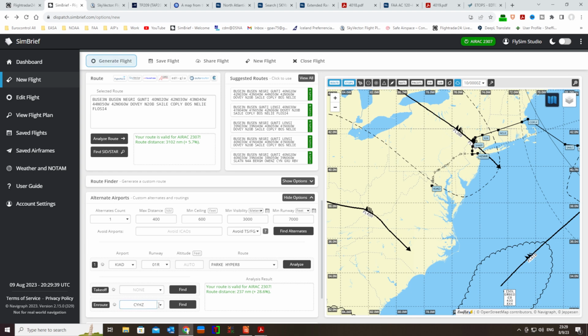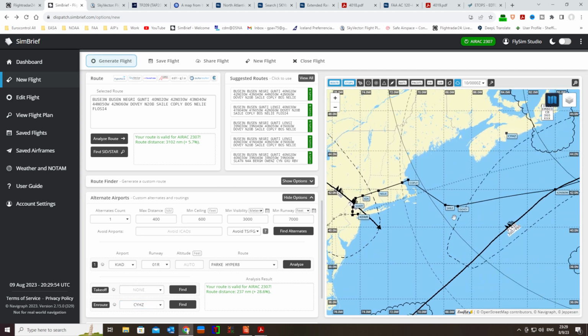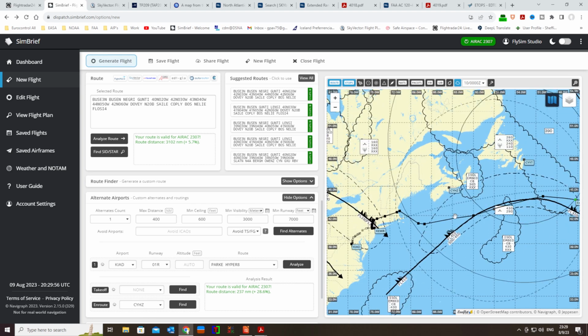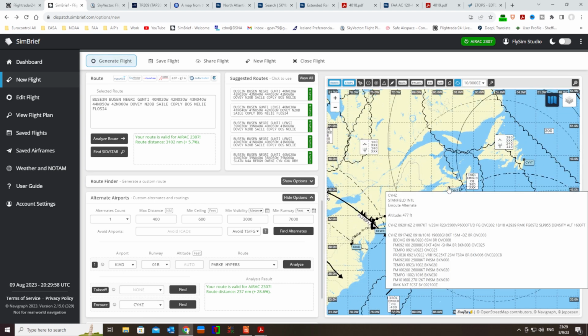I think it also calculated the route. In real life, you need to calculate the route also for your en route alternate, which is this one here.